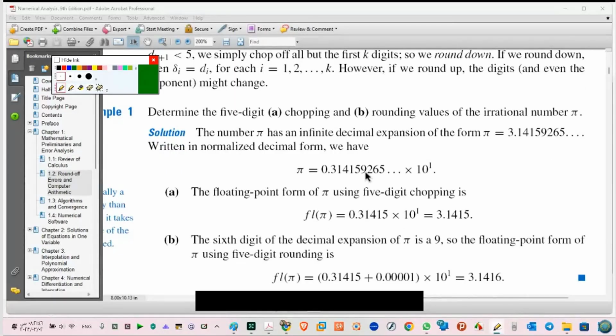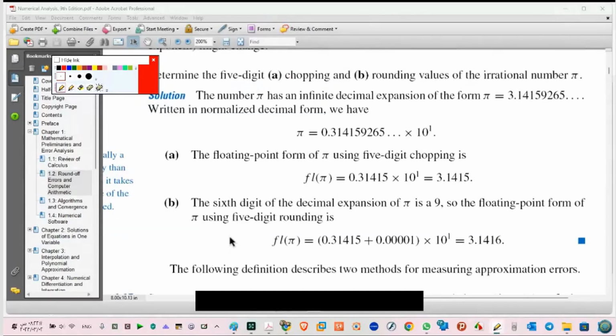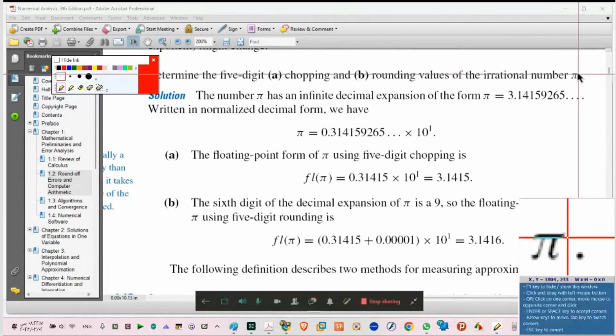Determine the 5-digit chopping and rounding of the number. Okay, let's talk about this example in detail. I will take this example and start to solve it on the white paper.